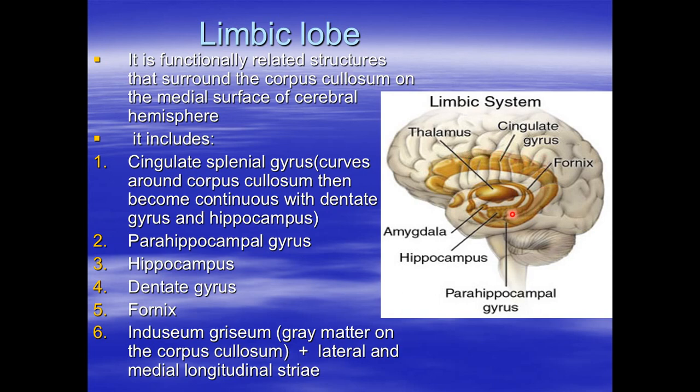And then the parahippocampal gyrus and the hippocampus, and in between the dentate gyrus and dentate nucleus, and the fornices of the lateral ventricle, and the indusium griseum, which is gray matter on the corpus callosum, and the lateral and medial longitudinal striae. So it's just a very thin layer of gray matter located on the corpus callosum.